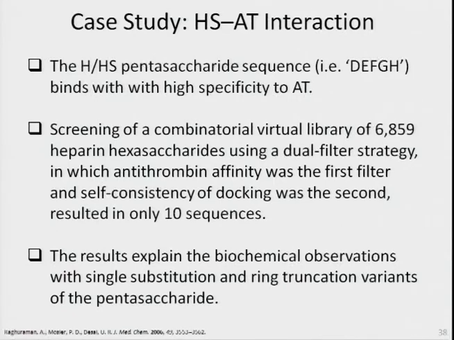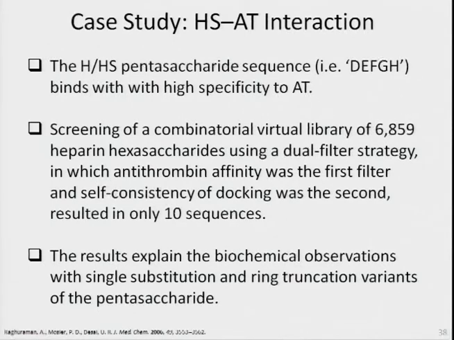We generated a virtual library of those and screened them using our two-stage filter algorithm, in which antithrombin affinity was the first filter and the self-consistency of docking was the second, as I mentioned before. And only 10 sequences got through both filters.